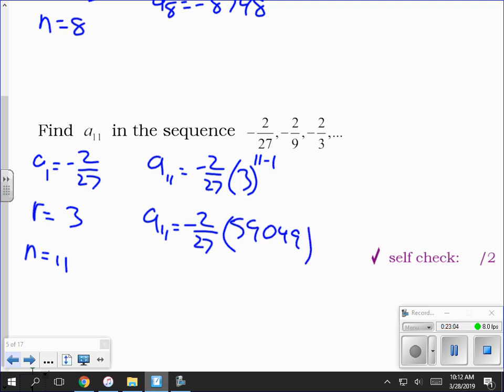And then I multiply that times -2/27. Now, you can put it in as a fraction, or you can multiply it times 2 and then divide by 27, because it's just the fraction times a whole number. Either one will get you the correct answer. Times -2, and you get -4,374.